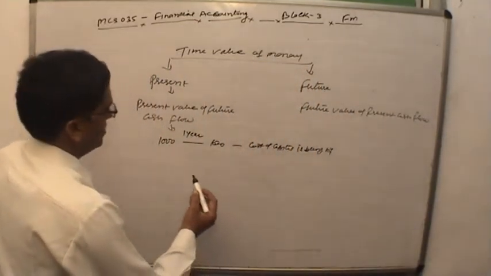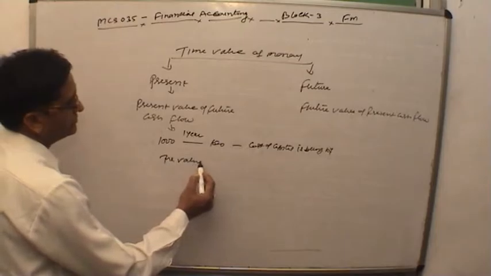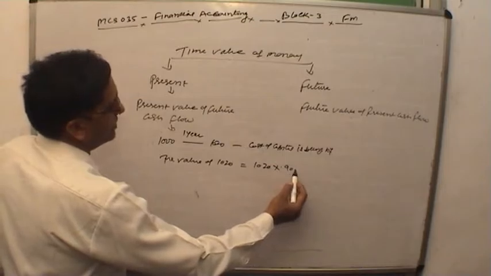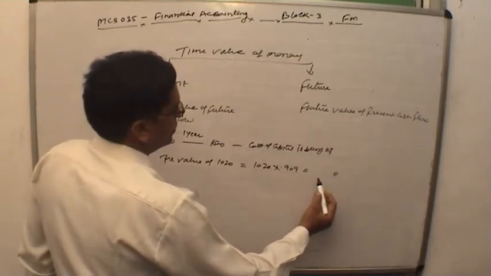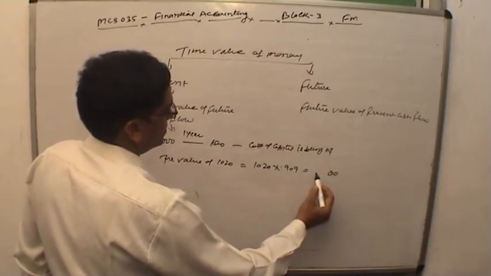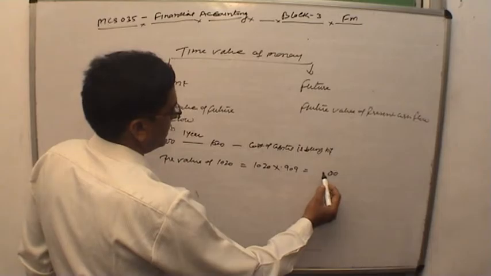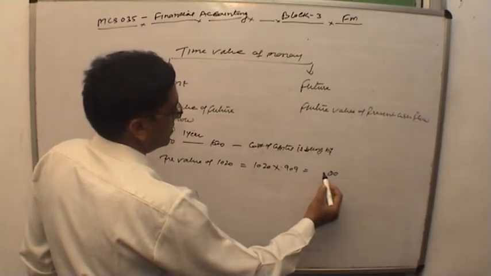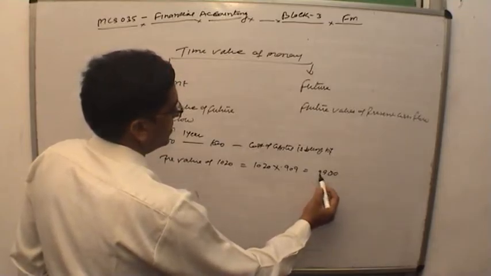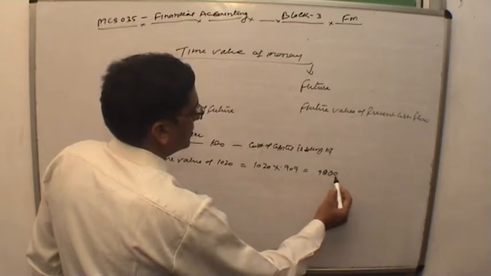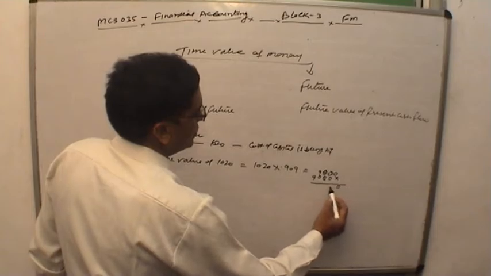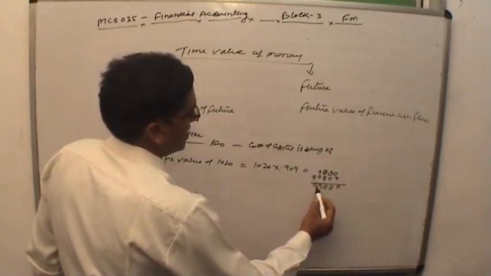So the value of 1020 is 1020 multiplied by 0.909, which is 927.18 rupees.